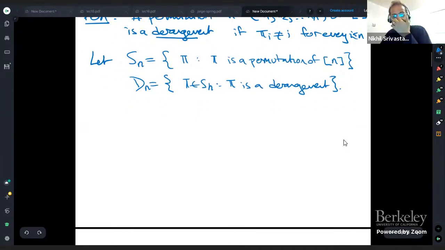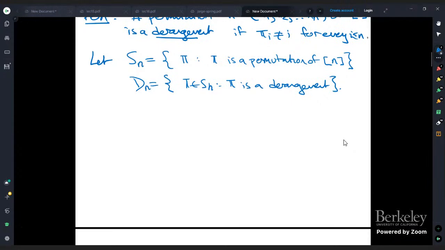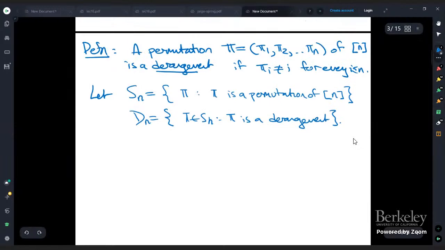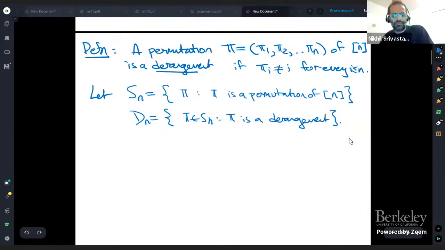Anybody else have any thoughts? I have a question. Is there a reason that we use pi? Is it just common notation? It's just common notation. Pi is a Greek letter for p, which is like permutation.